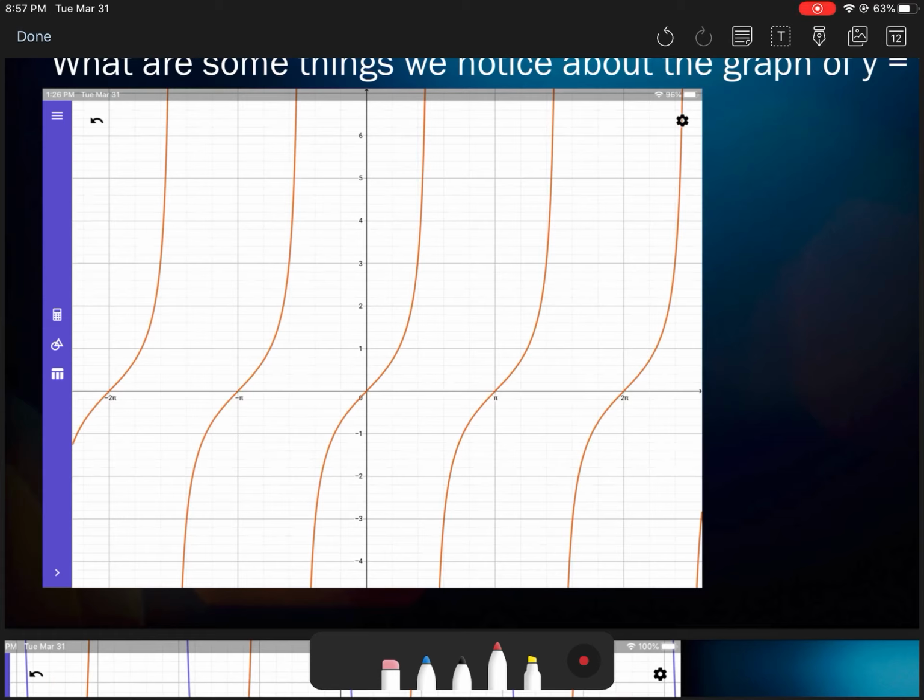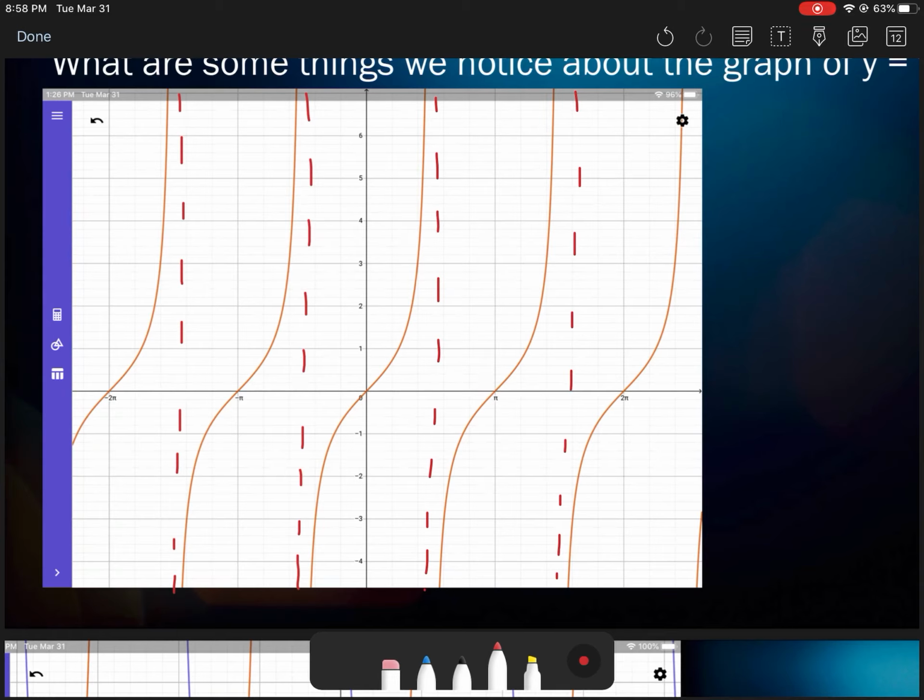Okay, so looking at this, you can tell that you're going to have an asymptote here. You're going to have one here. We're going to have one over here. I'm trying to draw this as best I can. It's got to get closer. Okay, and another one over here.